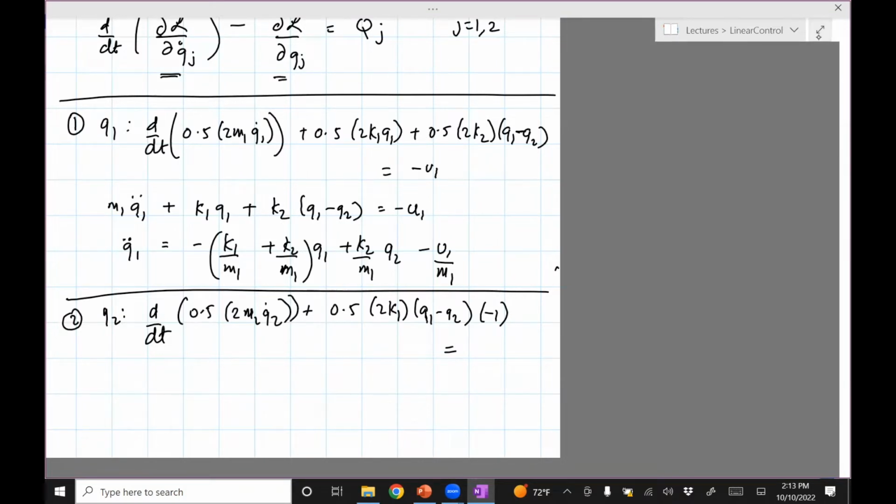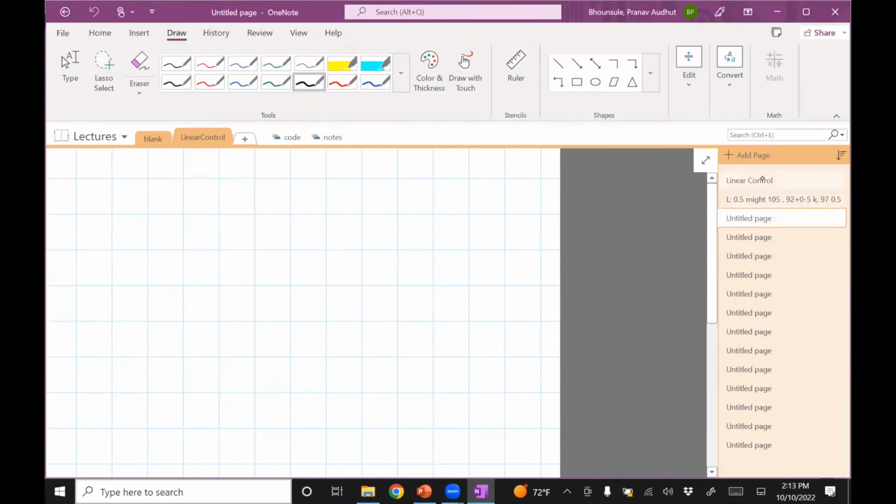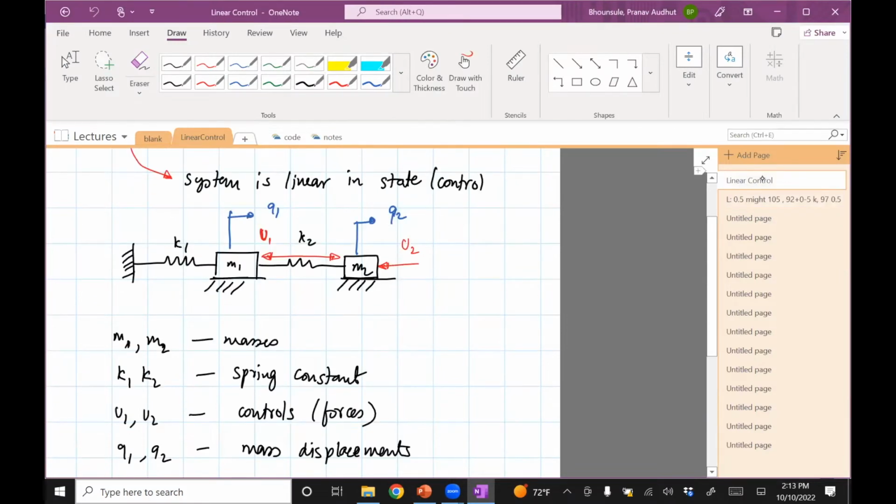If you look at mass M2, you can see that there are two forces acting on it. There's U1 acting in the direction of Q2, and U2 acting in the direction opposite to Q2. So it'll be positive U1 to the right and minus U2 because it's on the left.